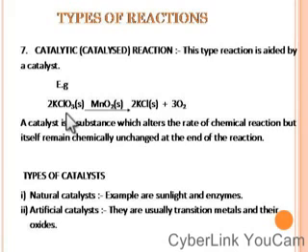For example, in the fermentation of sugar, the enzymes that act on sugar are the invertase and the zymase. These are the two enzymes that act on sucrose during the fermentation of sugar.